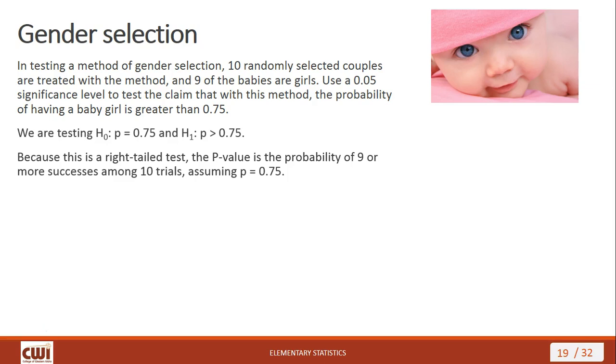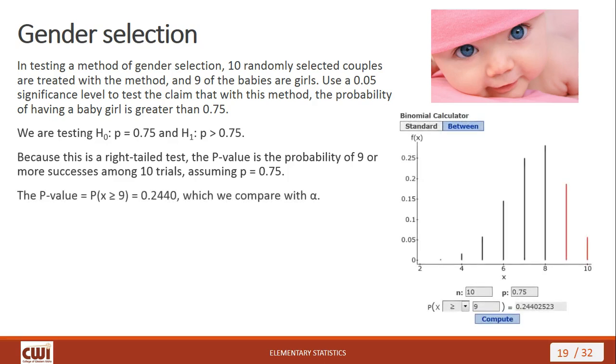So the probability of getting 9 or more successes among n trials will be our p-value. We calculate the p-value, then compare it with the significance level, and then we can make our conclusion for our hypothesis test. So, because we're using the exact method, we use the binomial calculator. We put in our value for n, which is our sample size.